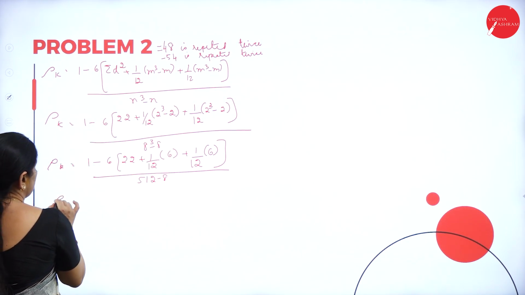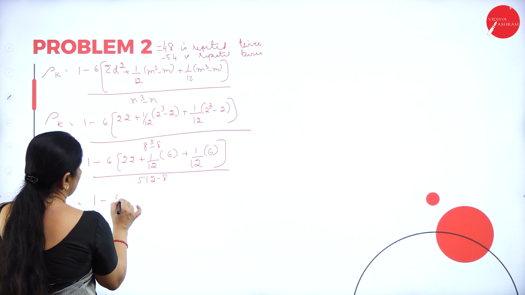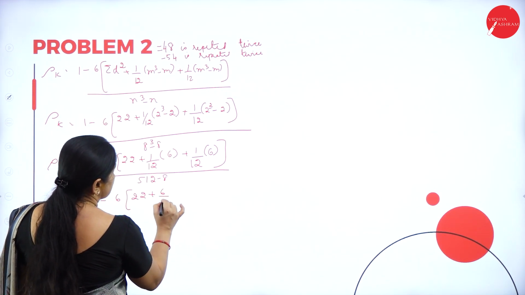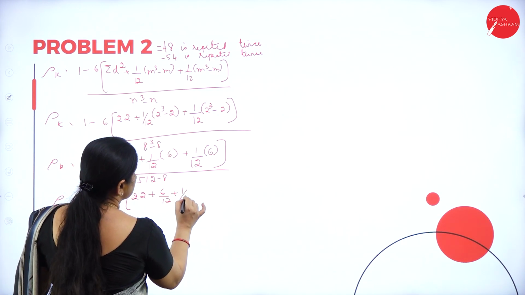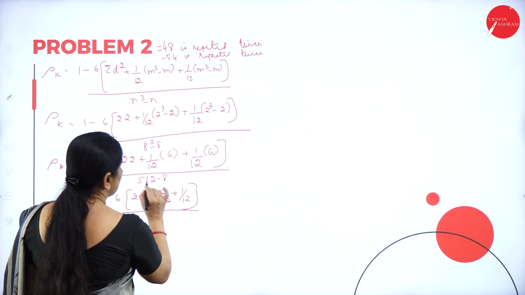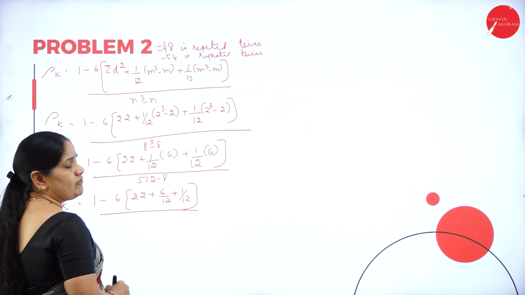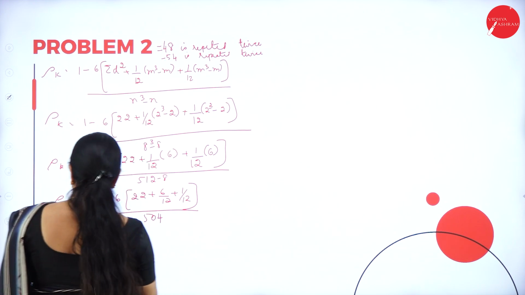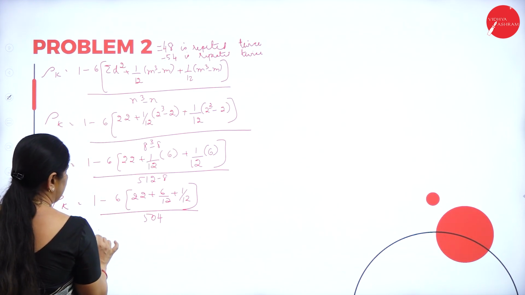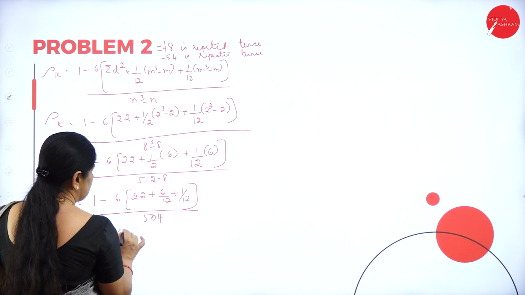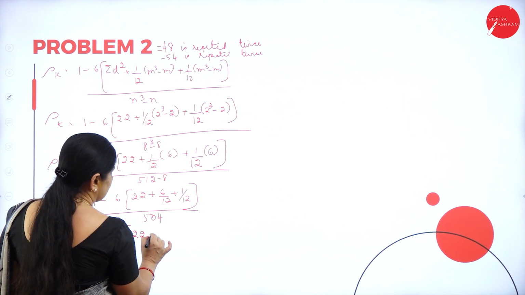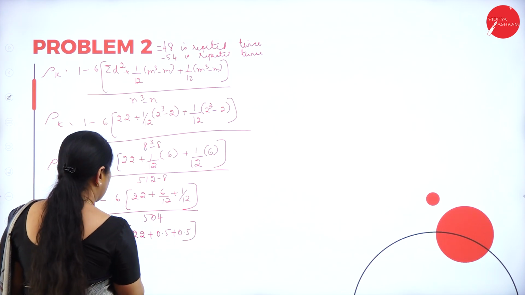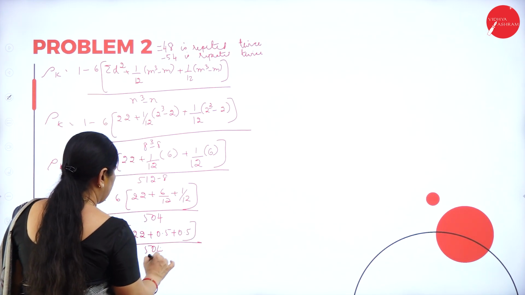So this will be equal to 1 minus 6 into 22 plus 6 by 12 plus 6 by 12 whole over 512 minus 8, which is 504. So this ρ will be equal to 1 minus 6 into 22 plus 0.5 plus 0.5 divided by 504.